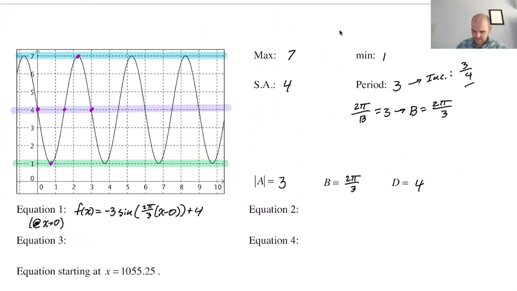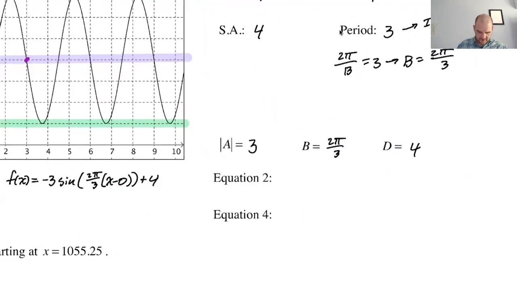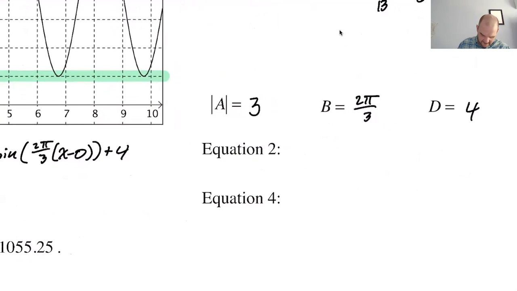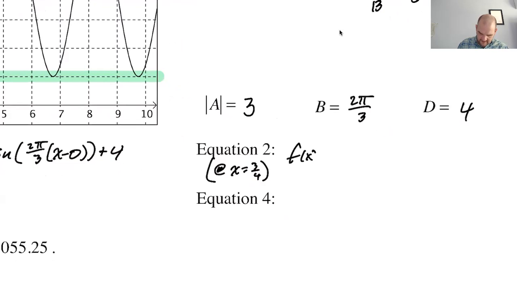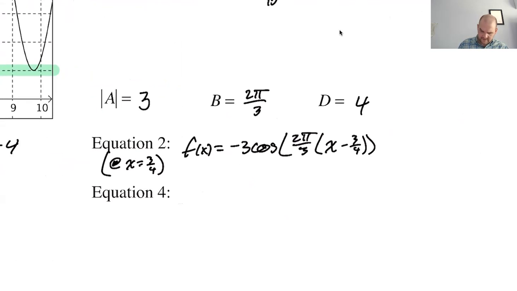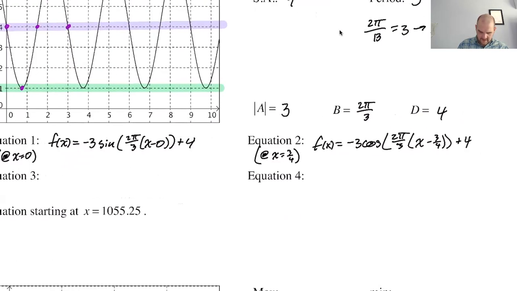So if I start at x equals 3/4, I'm going to get a negative cosine. So f of x is negative 3 cosine of 2 pi over 3 quantity x minus 3/4, so minus the start, and then plus 4. So that'll work as well.